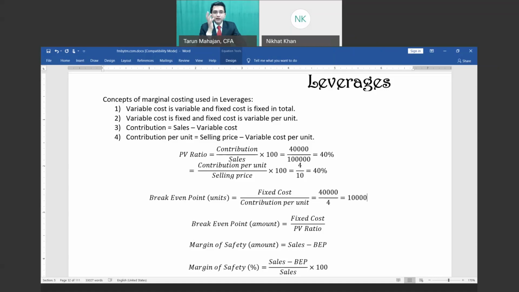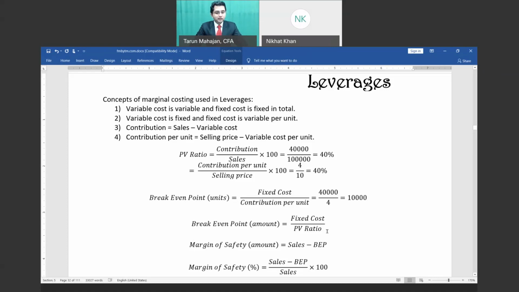But I've got a factory setup and there I need to pay some fixed cost like supervisor salary, rent of the factory, some other expenses. So 40,000 rupees per month is my fixed expense. And by selling one pen, I get a contribution of 4 rupees only. So that way my break-even point is 10,000 units. The first 10,000 units I'm selling to pay the fixed cost.